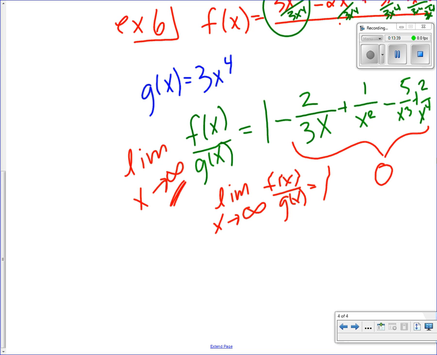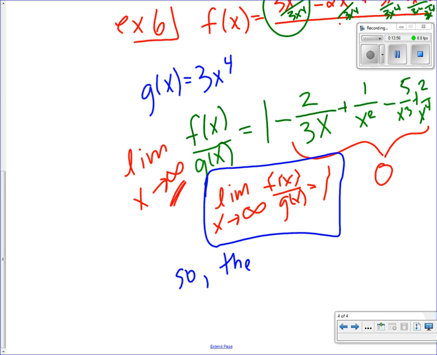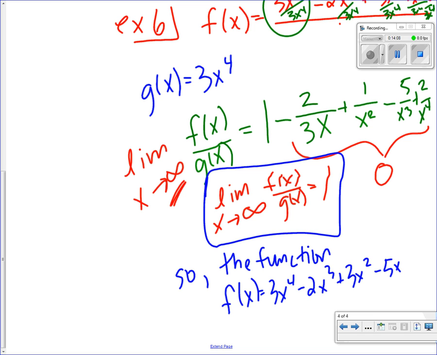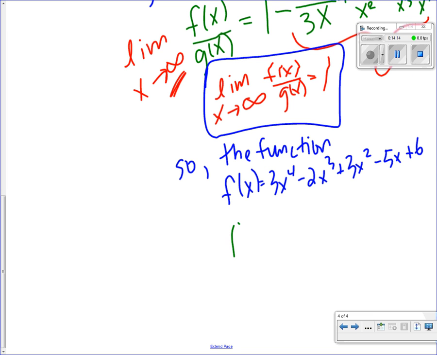The only reason we did that was to prove to ourselves that g is the end behavior model, because this is the definition, or the criteria, for g to be an end behavior model. What that means for us is that the function f of x equals 3x to the 4th minus 2x cubed plus 3x squared minus 5x plus 6 has the exact same end behavior as this much simpler function that we call g, 3x to the 4th power.